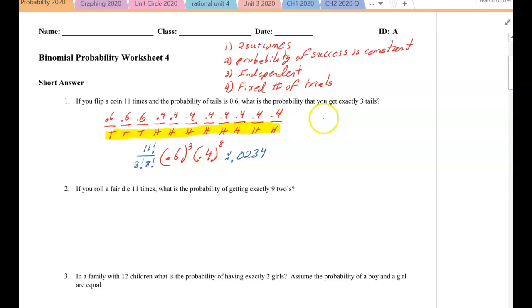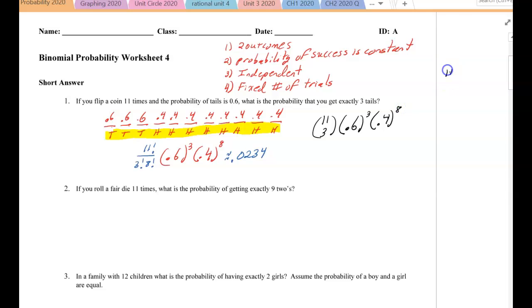Now some students do this a different way. Some people would like to write the 11 factorial over 3 factorial, 8 factorial as 11 choose 3. So some people do it as 11 choose 3, 0.6 cubed, 0.4 to the 8th. And let's talk about why that's true.